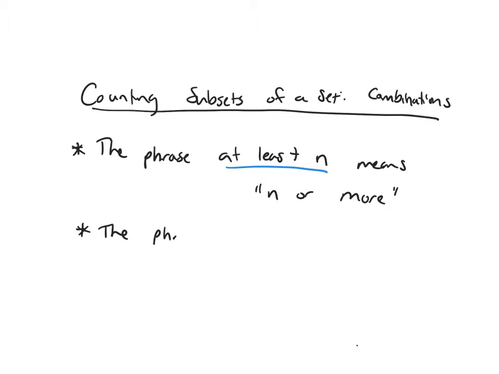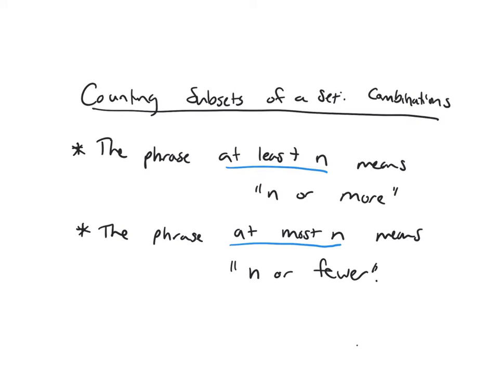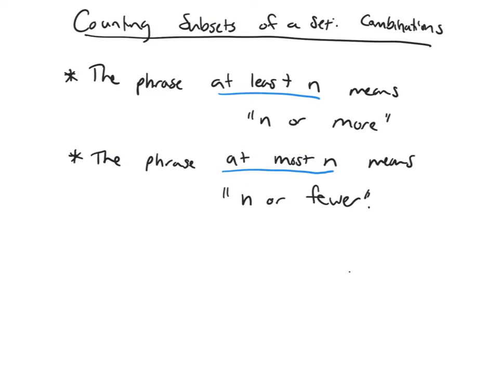And the phrase "at most n" means n or fewer. So it's essentially like an upper bound. All right, so now that we have those phrases, let's look at an example.